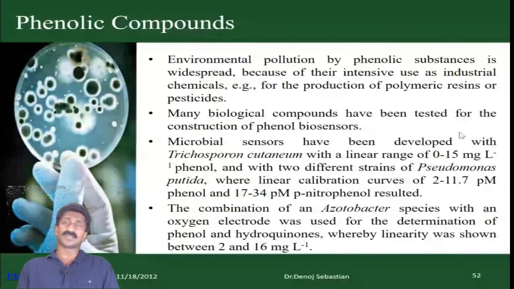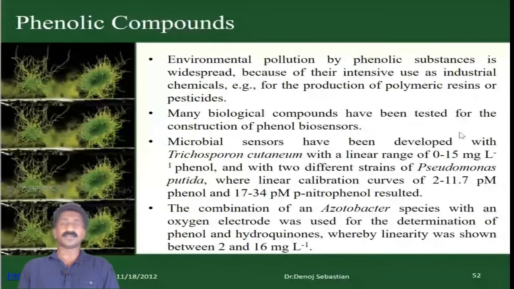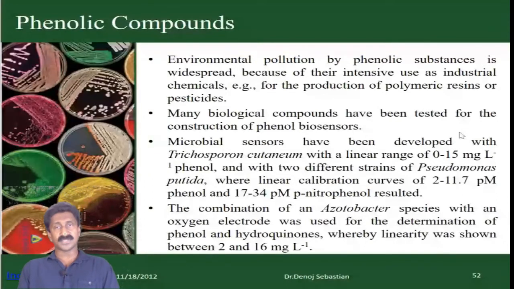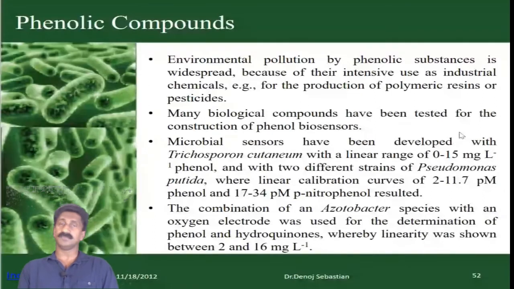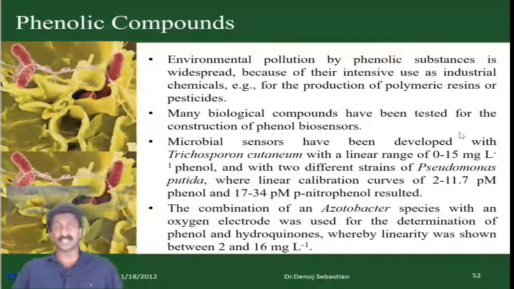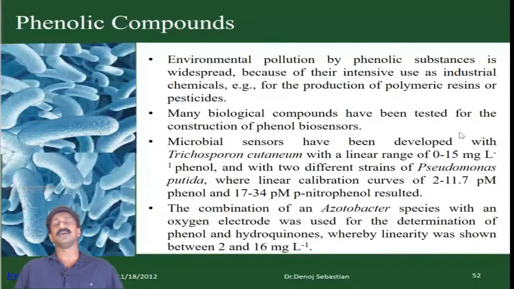Many biological compounds have been tested for the construction of phenol biosensors. And microbial sensors have been developed with Trichosporon cutaneum. The organism that is used is Trichosporon cutaneum, with a linear range of about 0 to 15 milligram per liter of phenol. So that is the detection range of phenol detection using Trichosporon cutaneum.